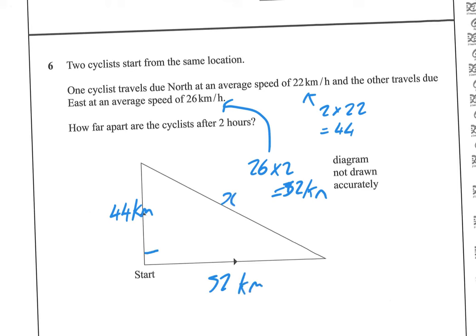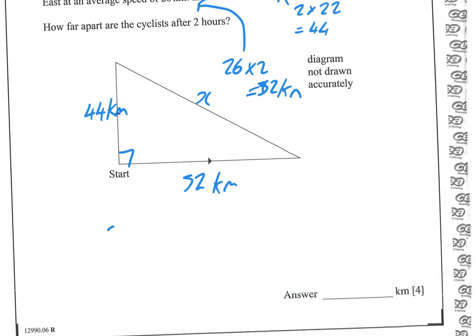And the distance between them, this is just a Pythagoras question. So that's what we've got. Just using Pythagoras theorem then to find this out. So your x squared is equal to 44 squared plus 52 squared. Do that on your calculator. 44 squared plus 52 squared. Press equals. And I got 4640.